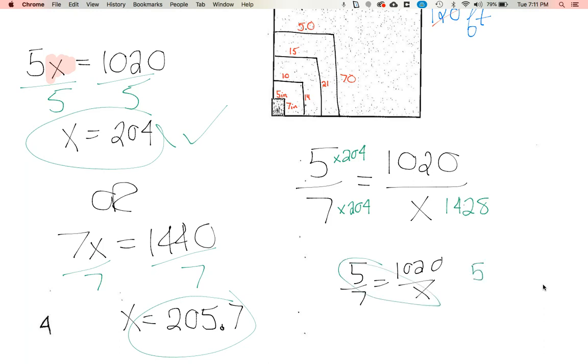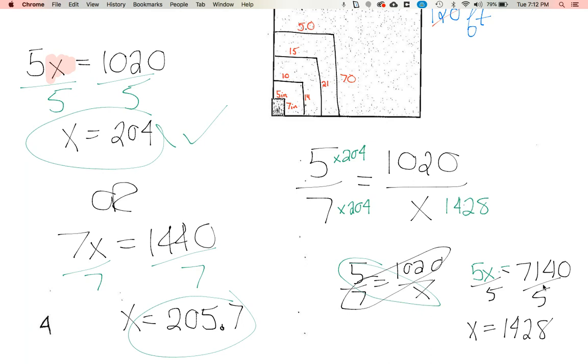Five x equals 7140 divided by 5. X equals 1428. Same thing.